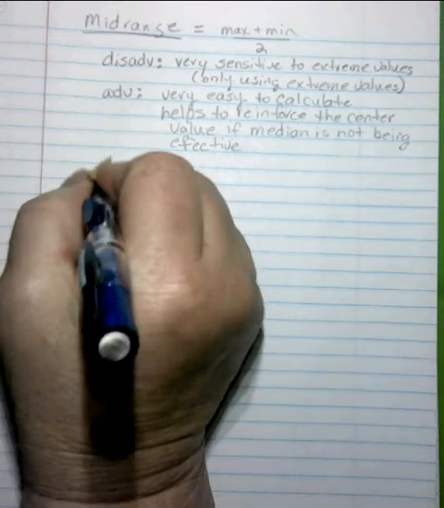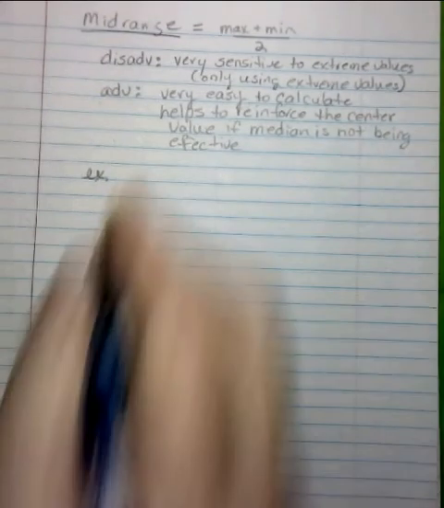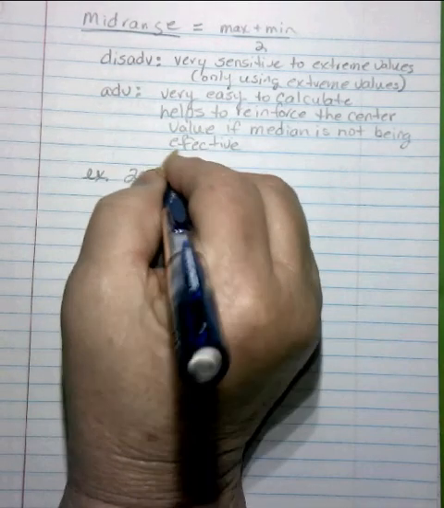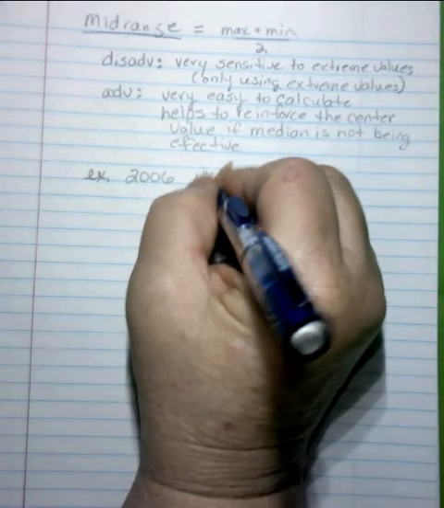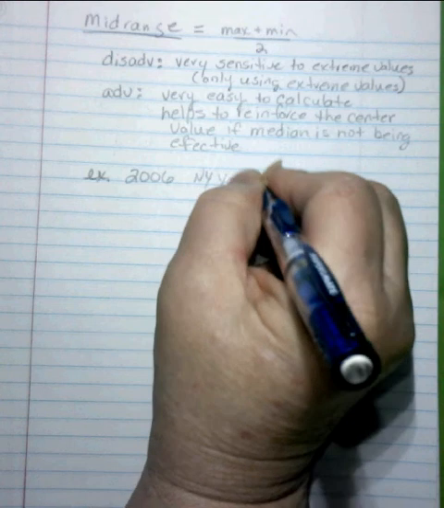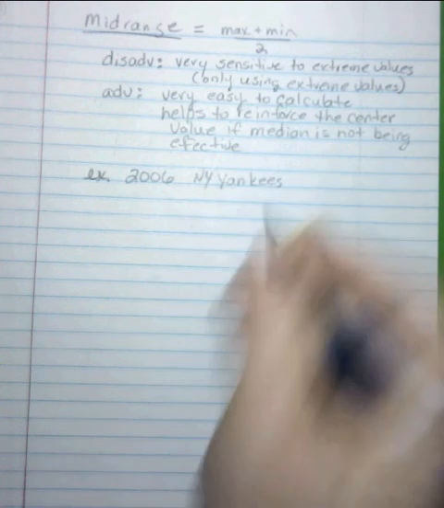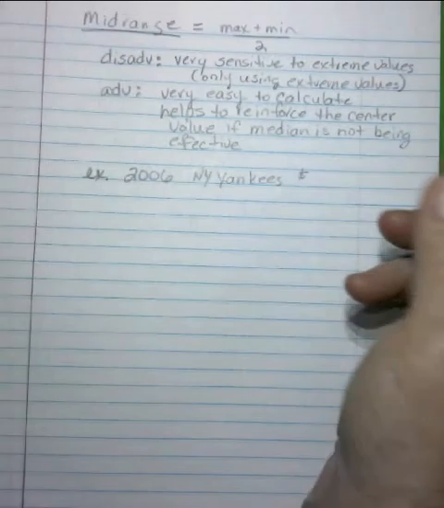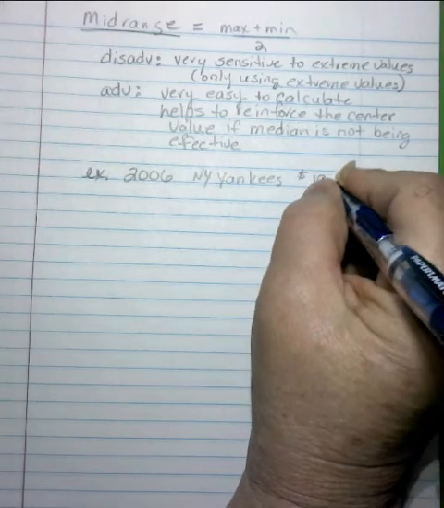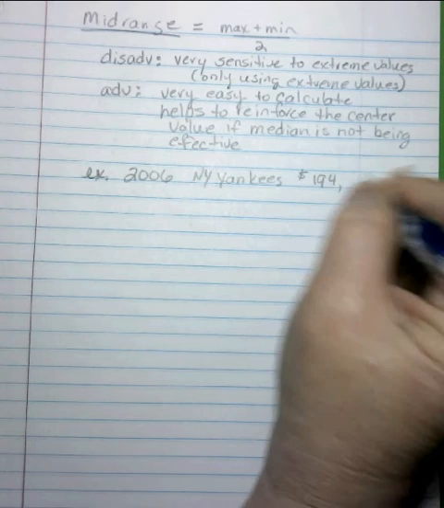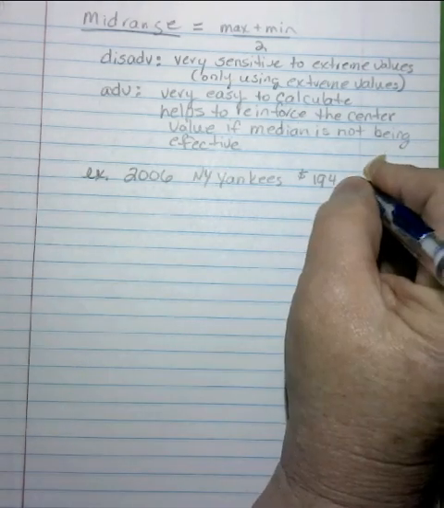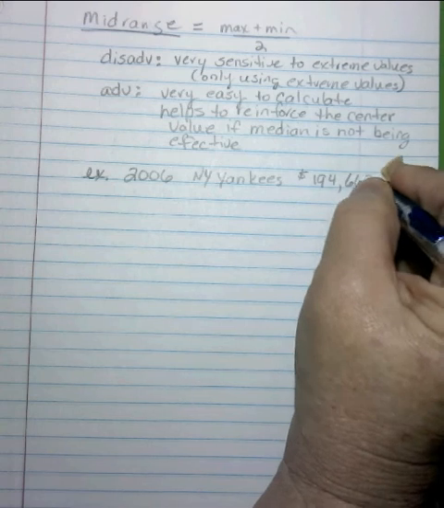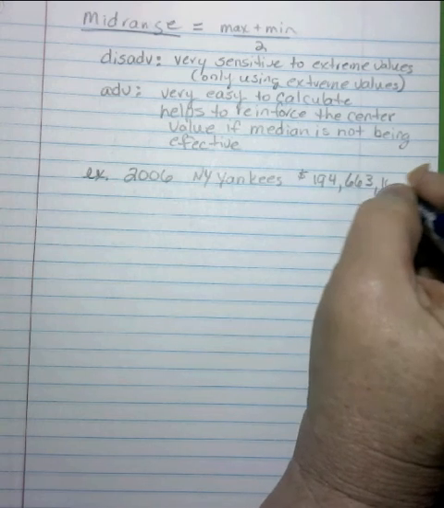Okay, here is a particular example. In 2006, the New York Yankees had a large budget to pay their players, $194,666,100.